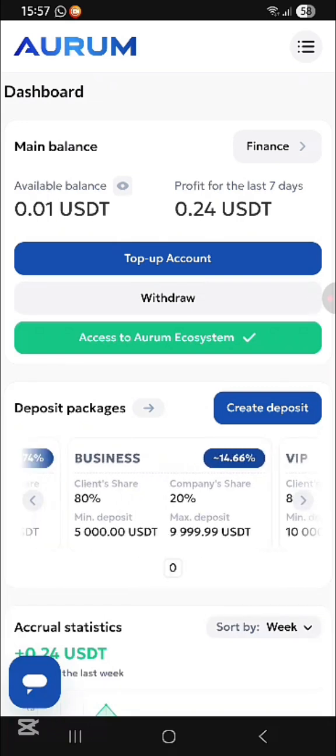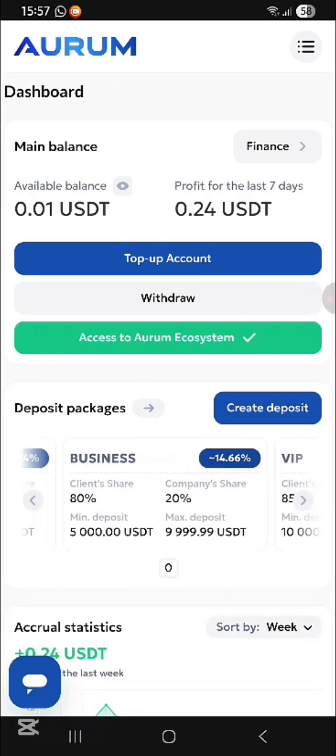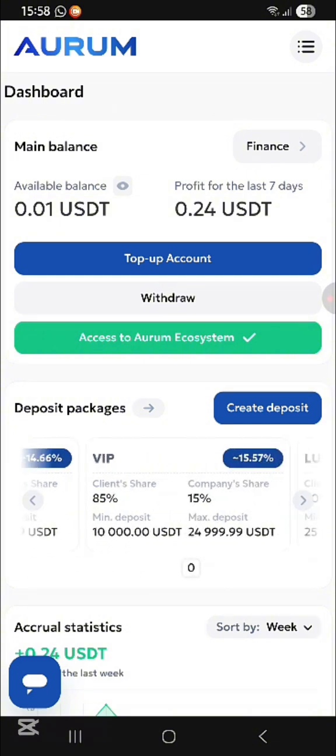We have business. And as you can see, without me having to draw annotations on the screen, you already know where to look. The range for the business plan is from $5,000 to $10,000, doing 14.66% monthly. Then we have the VIP plan ranging from $10,000 to $25,000, doing 15.57% monthly.